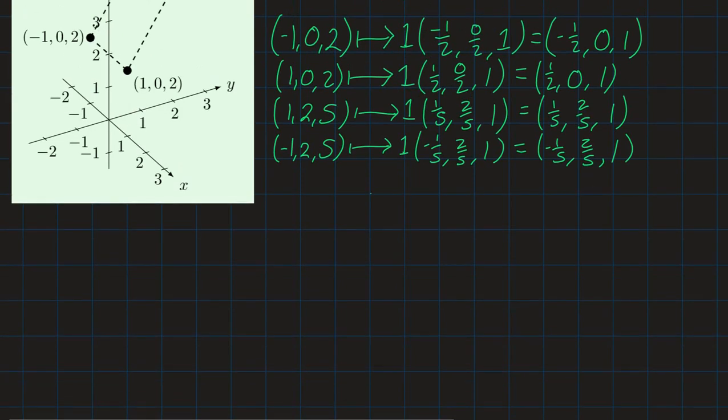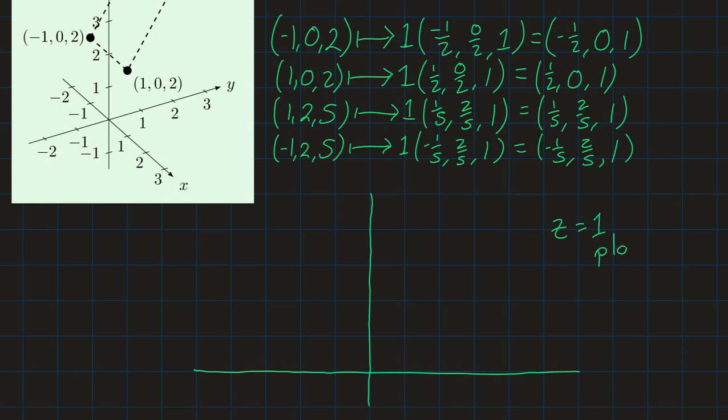So I'll draw a coordinate axis like this, and this is going to be the z equals 1 plane. So that means that this is the x and this is the y. And notice these numbers are really small, like 1/2 and 1/5 and so on. So I'm going to make my units on my coordinate axis small as well.